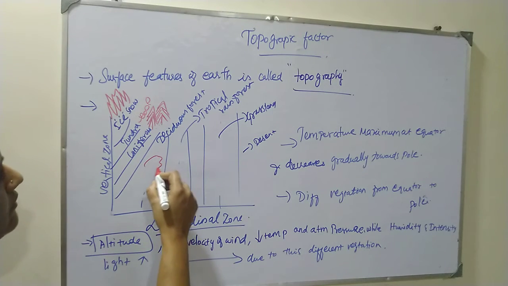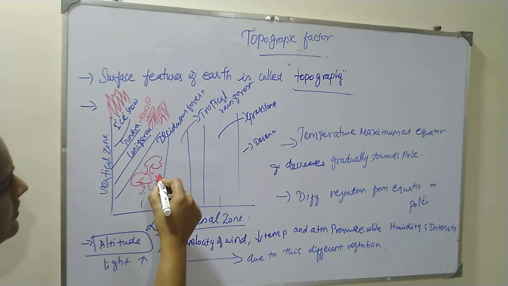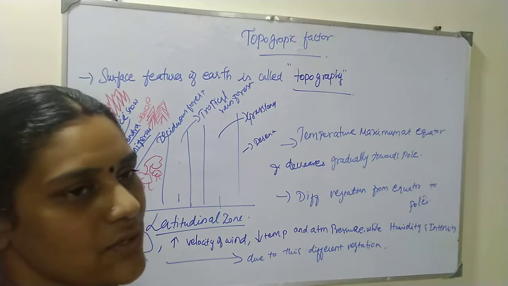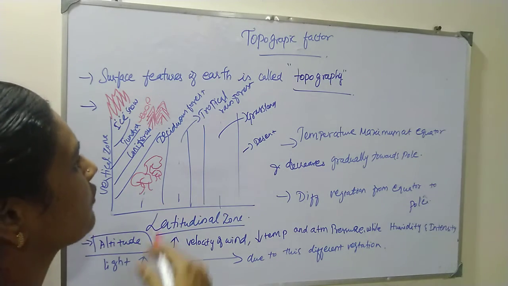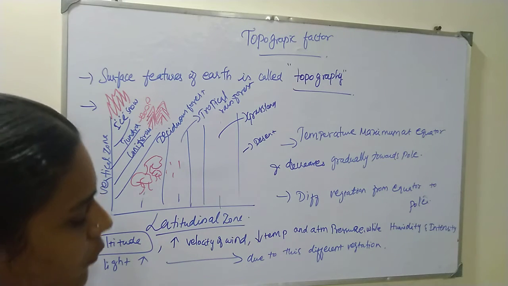Next, deciduous land, where a very dense, high density type of forest grows, called a deciduous forest. Next, tropical rainforest, where you get more rain.